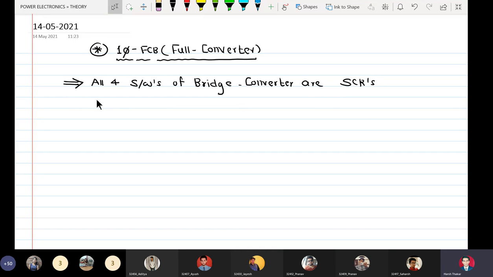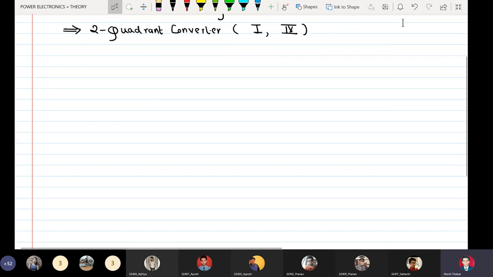So this circuit does not have any diodes. Second important thing, it is a two quadrant converter, and it can operate in first and fourth quadrant.